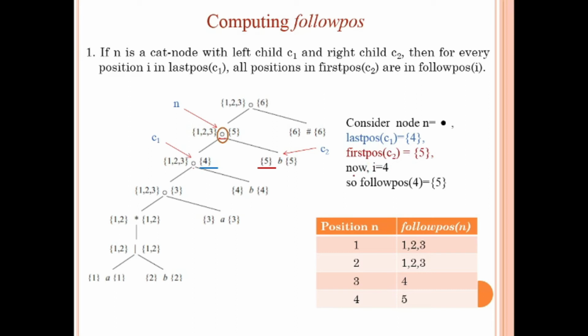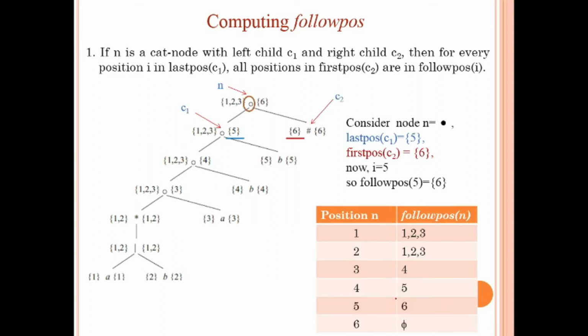So I is equal to 4. We have to pick up I from the last position of C1. Now we'll take I is equal to 4. So you can say follow position of I, that is follow position of 4, is equal to the first position of C2, that is 5. So you can write follow position of 4 is equal to 5.